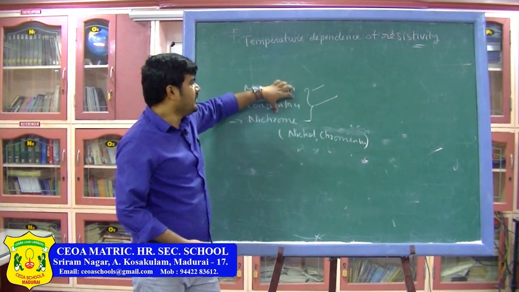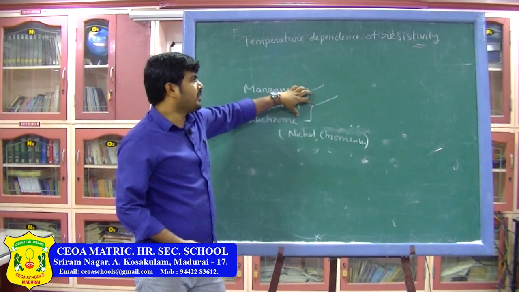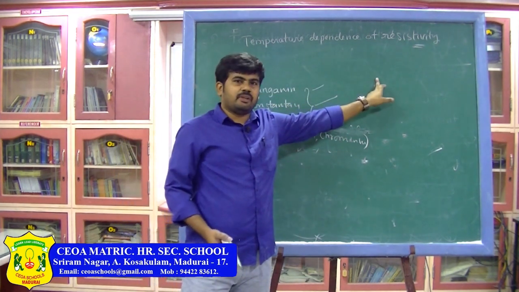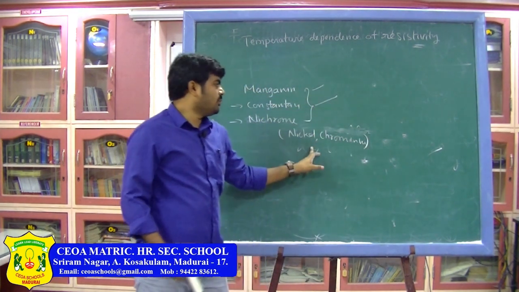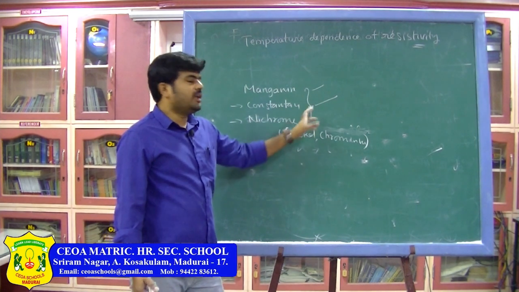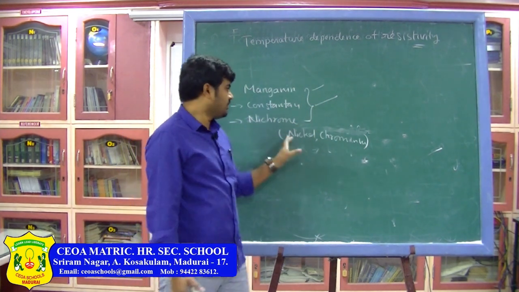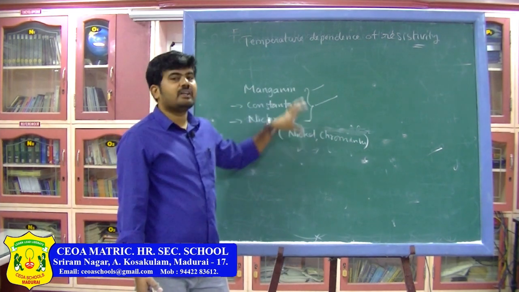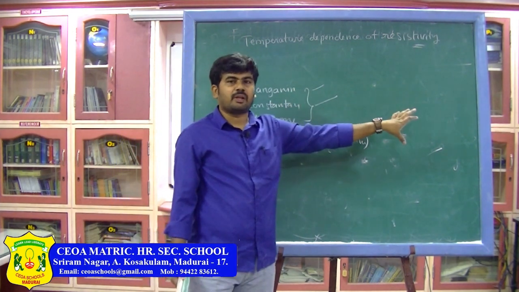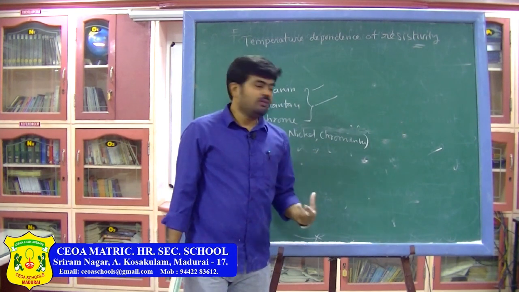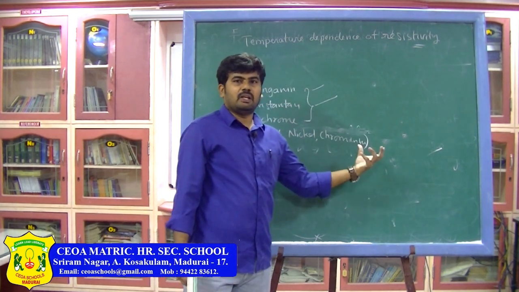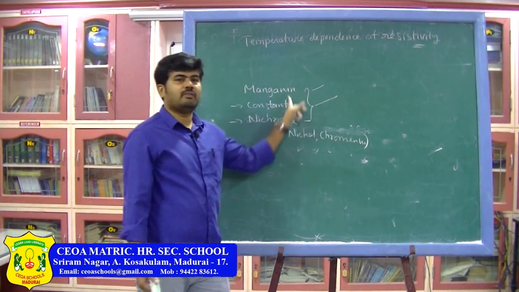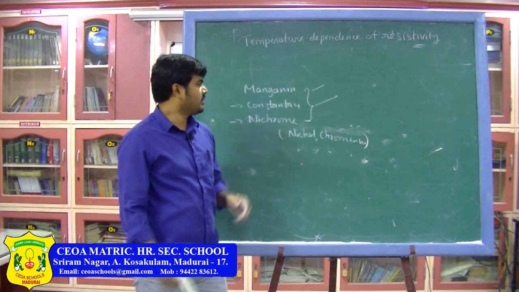So they are very insensitive towards temperature regarding the resistivity. That is why these materials are most preferred when making wire bound resistors. That is one important point to remember. So that is the concept.